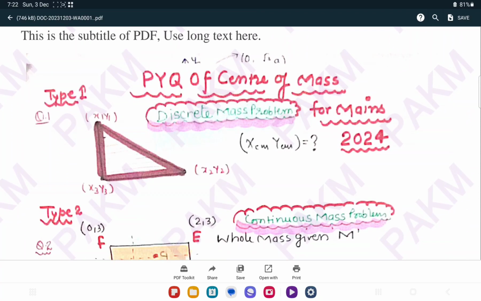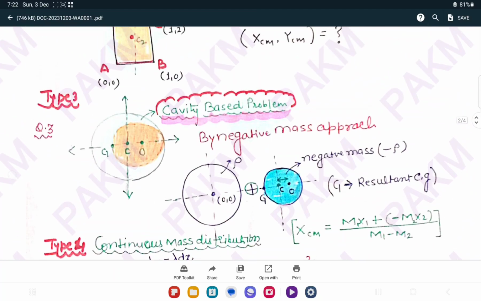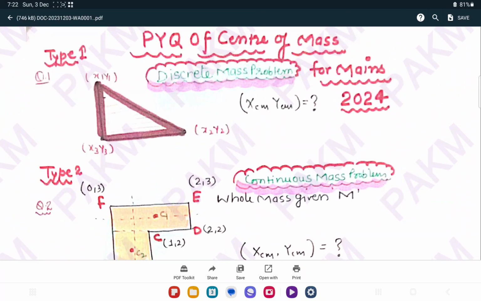Now here a few PYQs I have already classified into types: type 1, type 2, type 3 and type 4. These are PYQs, so it is very evident that if you do all the practice for these four types of problems, maybe in your examination you can come across these types of questions. First is the discrete problem. Once again, three masses are kept at three different points.